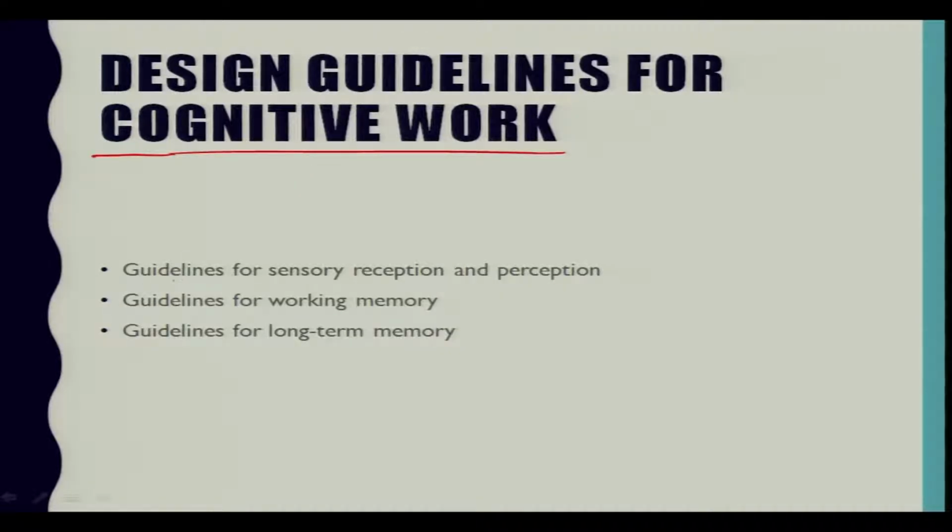These design guidelines and principles we will discuss first for sensory reception and perception, then the guidelines for working memory, and then guidelines for long-term memory. In this lecture we will try to complete sensory reception and perception, and if time permits we will go to working memory; otherwise we will cover it in the next lecture.